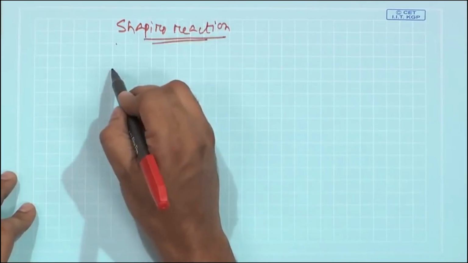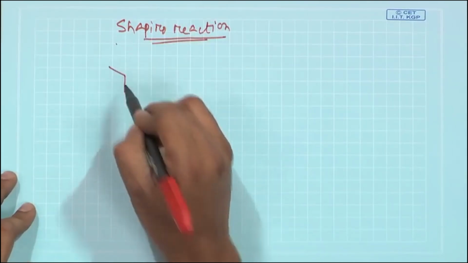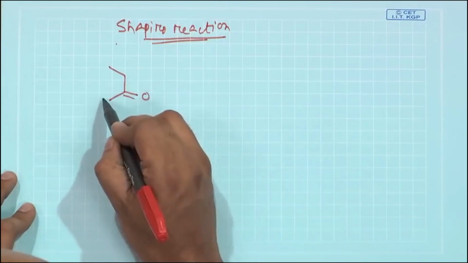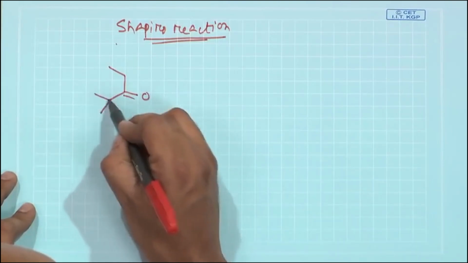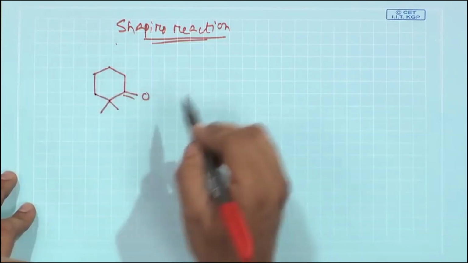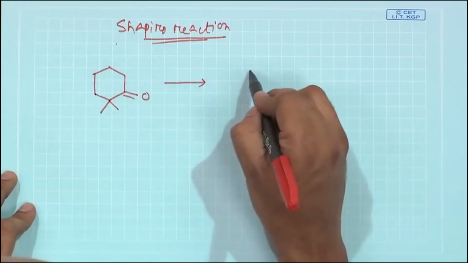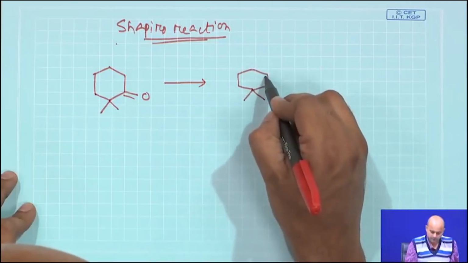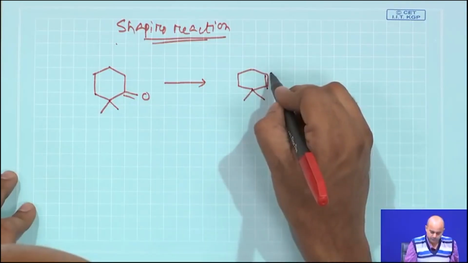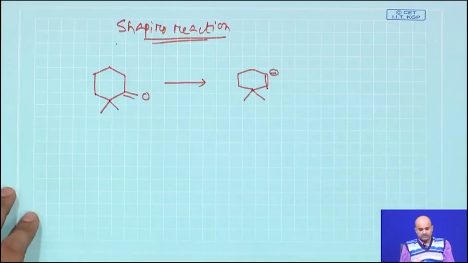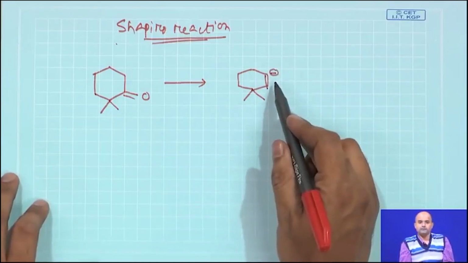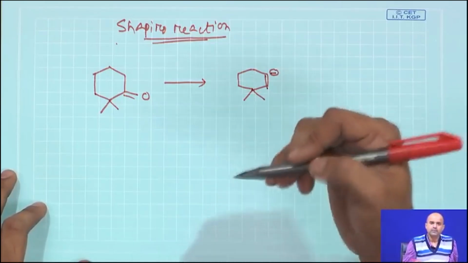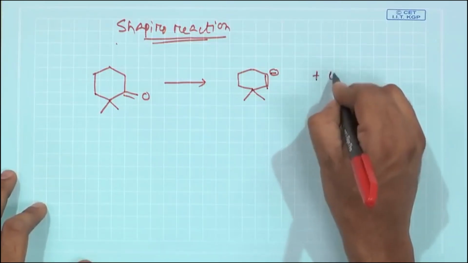Shapiro reaction is a very useful reaction, particularly if you have some compound like this, you can easily convert this compound to this anion. Now, this anion can be quenched in a variety of ways with several electrophiles.